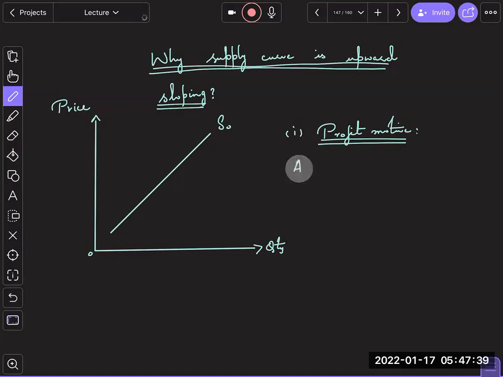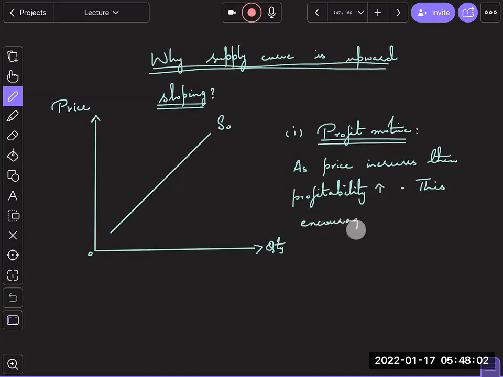So as price increases, profitability goes up. This encourages firms to increase output. So that is why we have a positive relationship. As the price increases, quantity supplied will also increase.